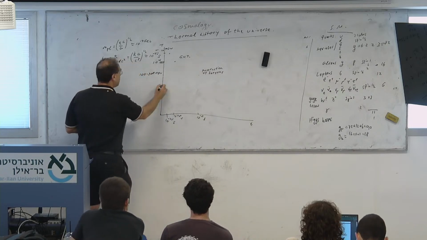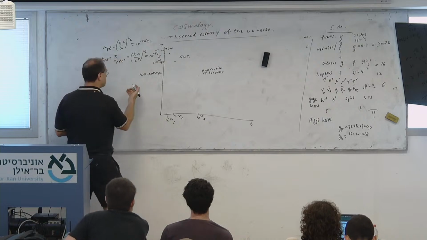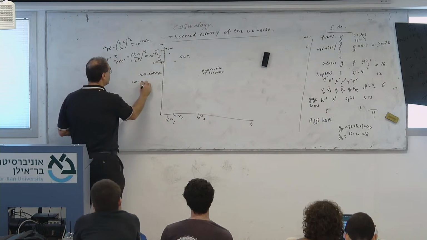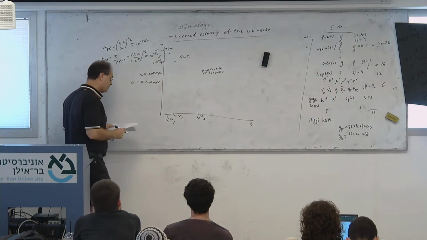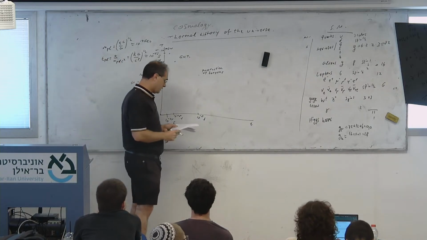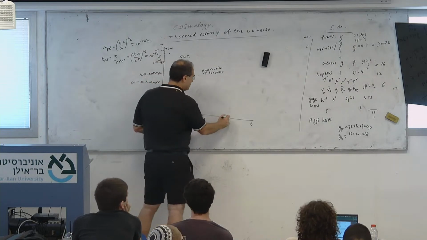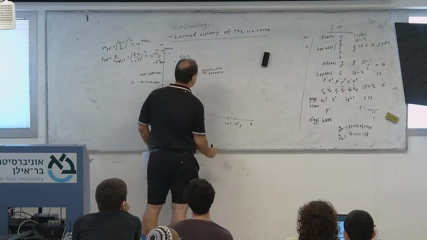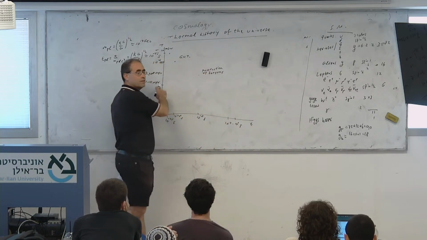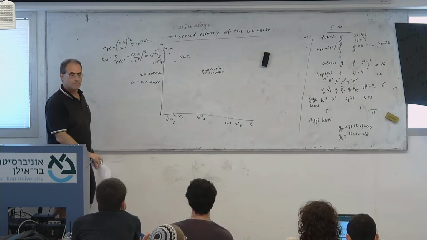When the temperature drops down to something like between 0.1 to 10 MeV, that is times of roughly in between 10 to the minus 2 to 10 to the 2 seconds. That's where we produce the electrons, and they recombine with the protons.